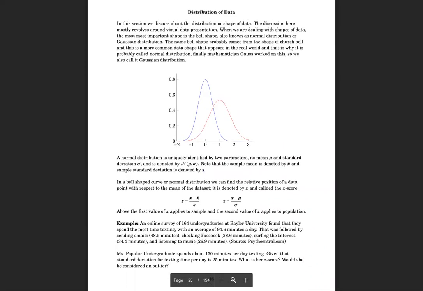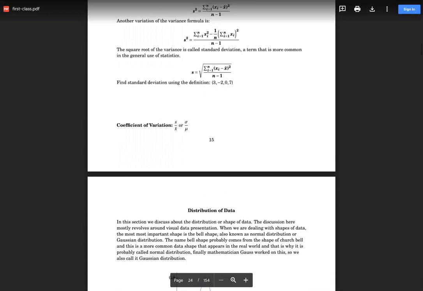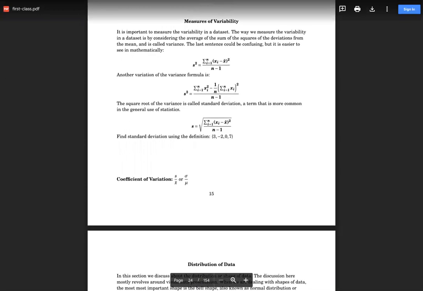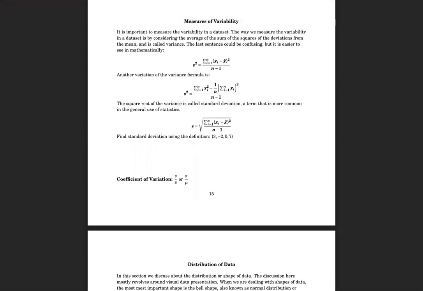Now we are going to talk about distribution of data, but I just realized something. Standard deviation, by the way, one thing about standard deviation: it is never negative.